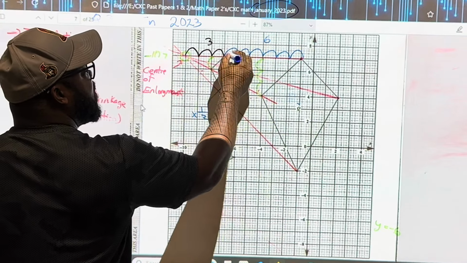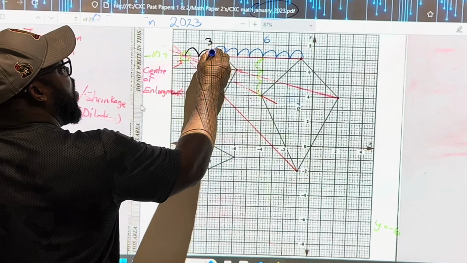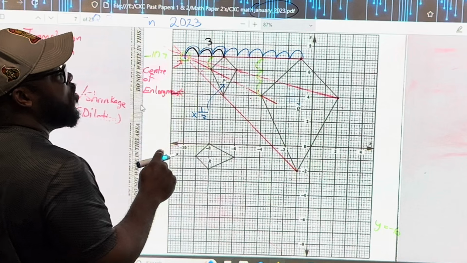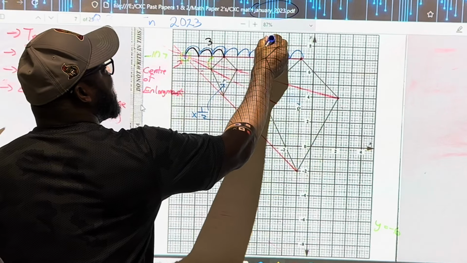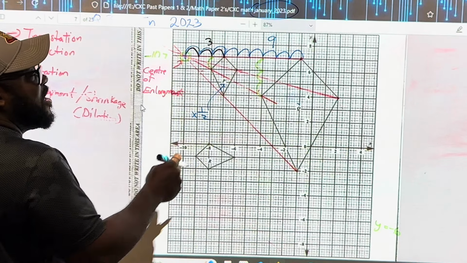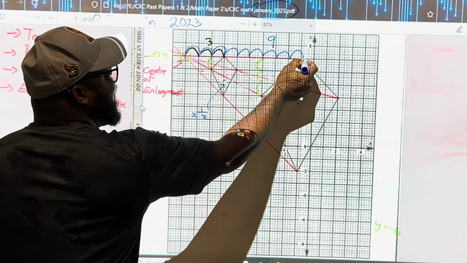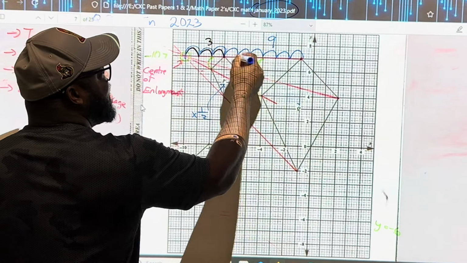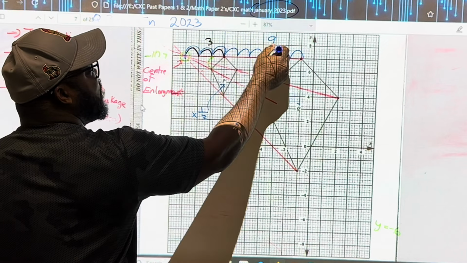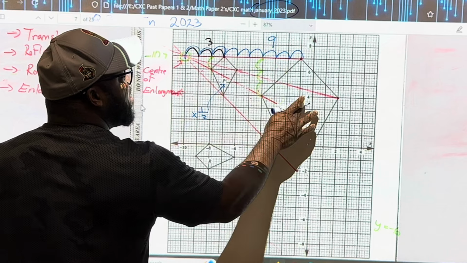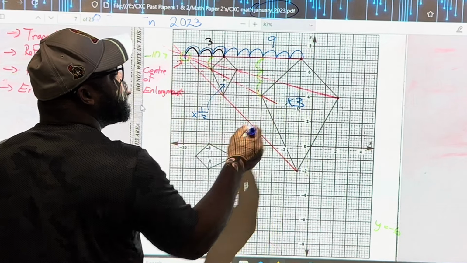How to fix this? 1, 2, 3. So what's the full distance now? 9. The full distance is 9. It is 6 more. But from here to here is 9, and from here to here is 3. That means it was what? 3 times 3. 3 times 3 is what? 9. So it's actually triple.